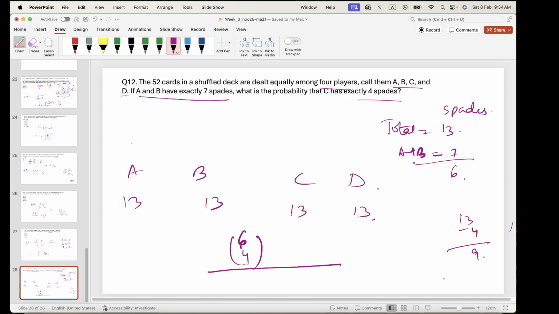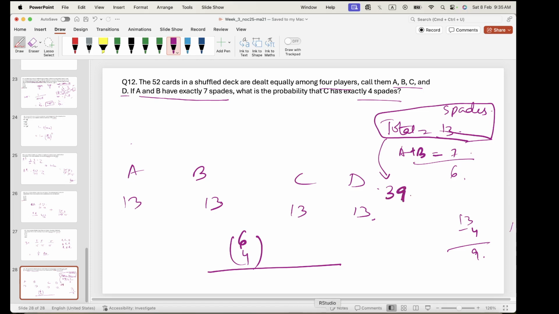So how many cards remain? If I have 13 spades, we have already decided on the fate of these 13 spades. So the remaining number of cards is actually 39.